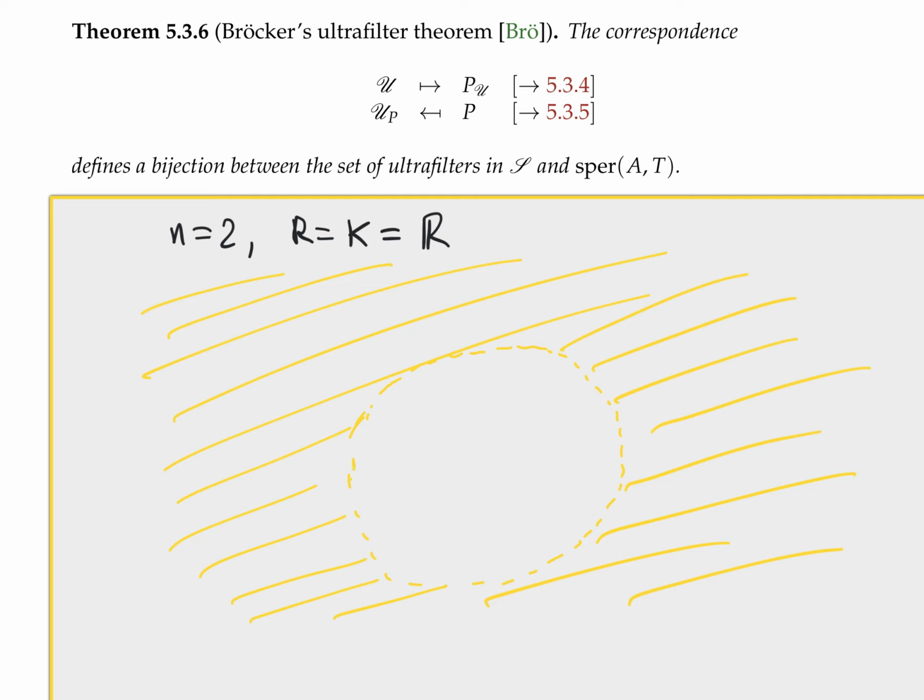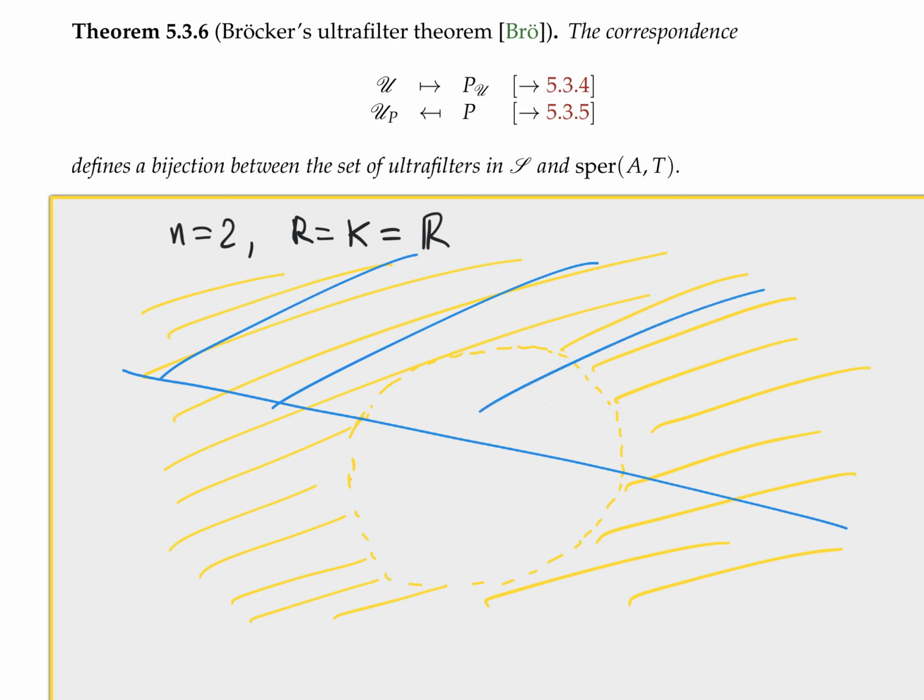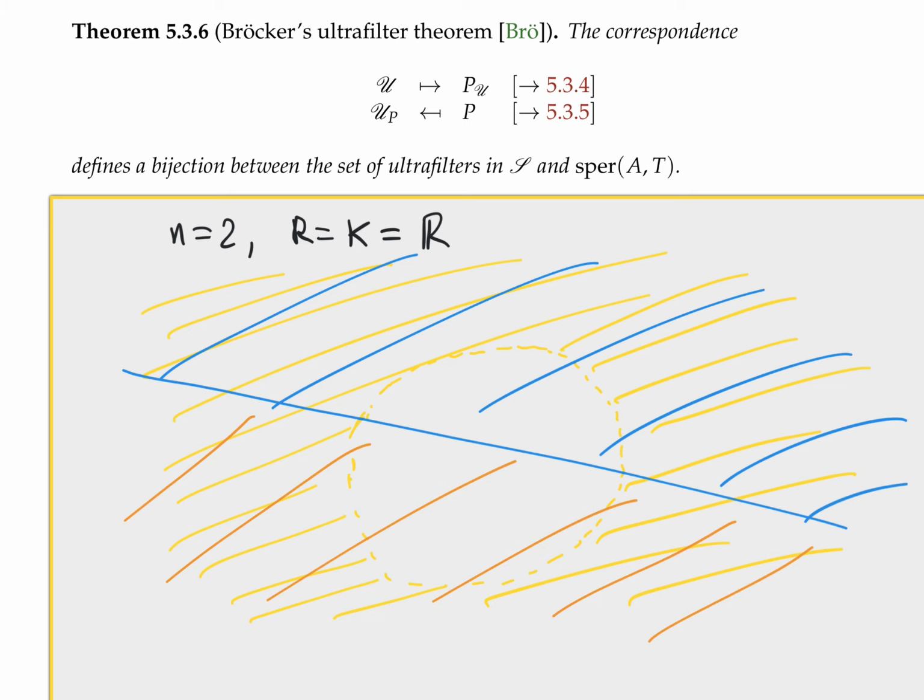But now you can take another semialgebraic subset. I don't know, you can take a half plane, for example. So let's take this half plane. We know that either the intersection with the half plane or the intersection with its complement lies again in the filter. So let's say we take the half plane, the blue region here.